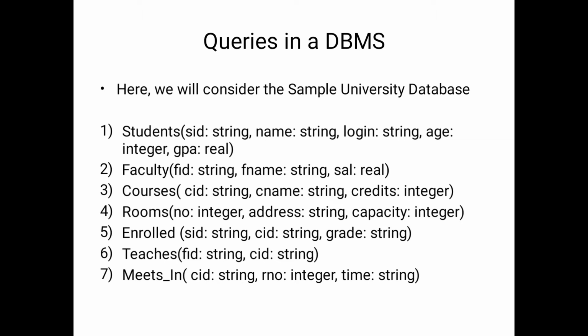In rooms, the room number, address, capacity. In the enrolled table, student ID, course ID, grade. In the teachers table, faculty ID, course ID. In the meets in table, course ID, room number, time. These are the different tables available in the university database.